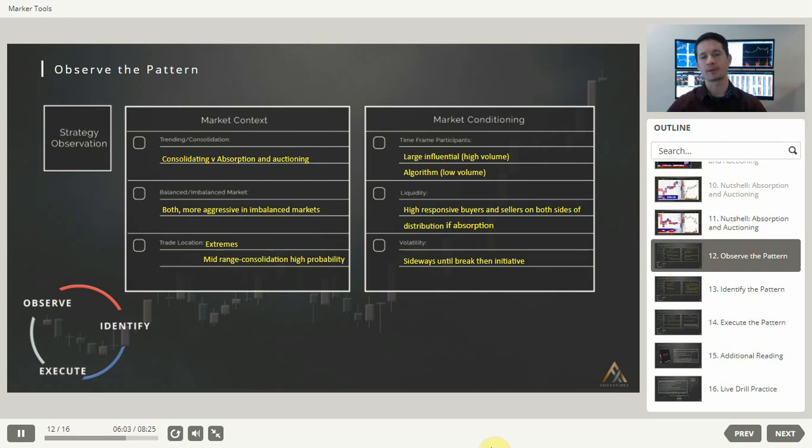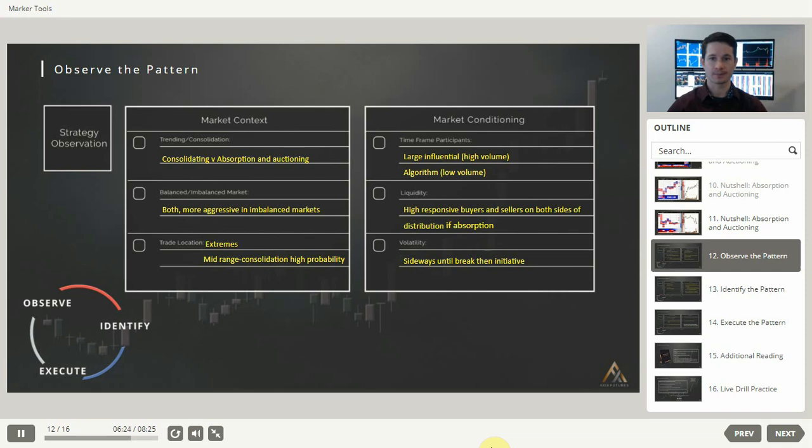Now, in terms of market conditioning, we've got our various time frame participants. This is where you'll refer to which time frame participants were in the market. Note we've summarized it in three time frame participants: large influential time frame participants, as well as algorithmic and speculative in nature.